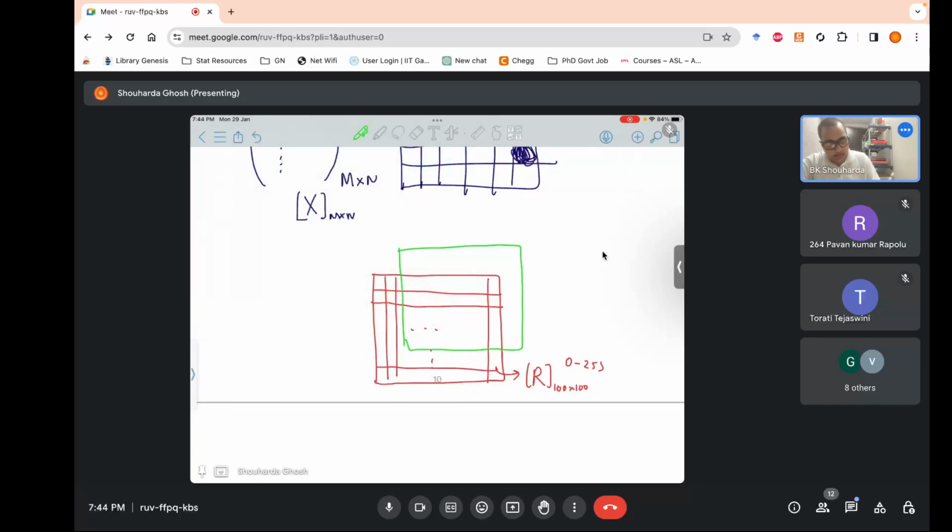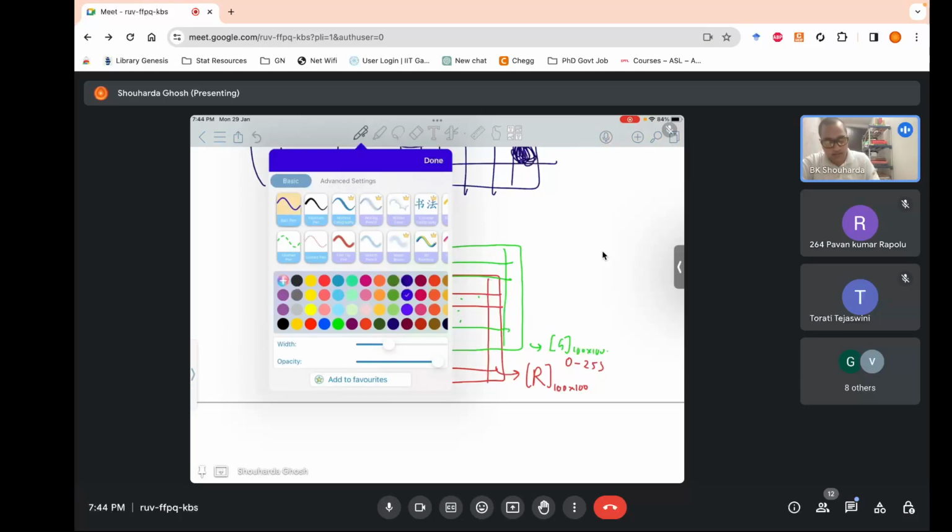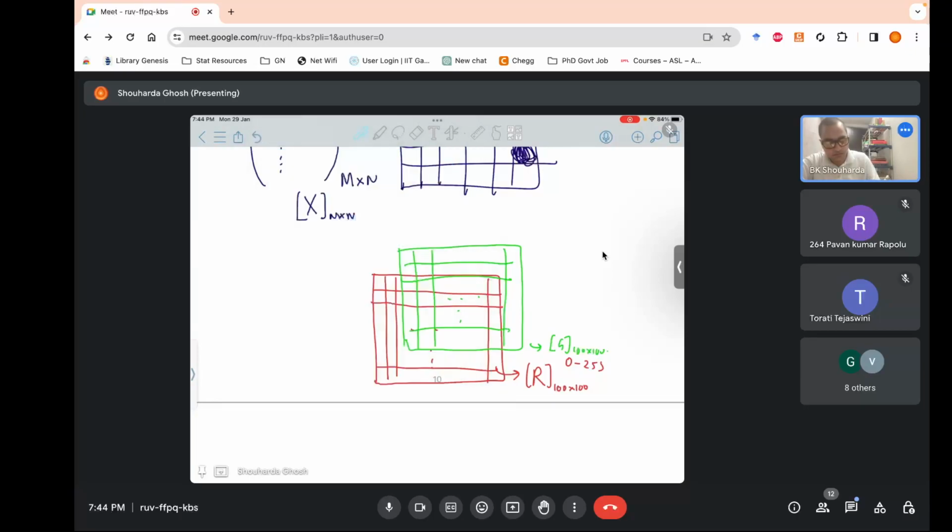that's the green plane, that's also 100 cross 100. So you also have these matrices, the pixels and the numbers, and then you have the blue. In the blue also you have a corresponding matrix of size 100 cross 100 from 0 to 255. That also has these elements. So now what happens?